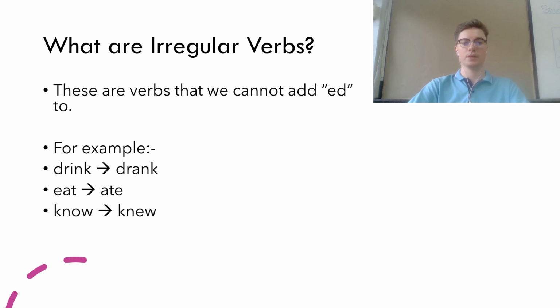Know becomes knew. And speak becomes spoke. As you can see here, guys, there are no rules that you can learn. You just have to learn as many of them as you can. Okay? So what I want you to do in this class is learn 10 verbs.